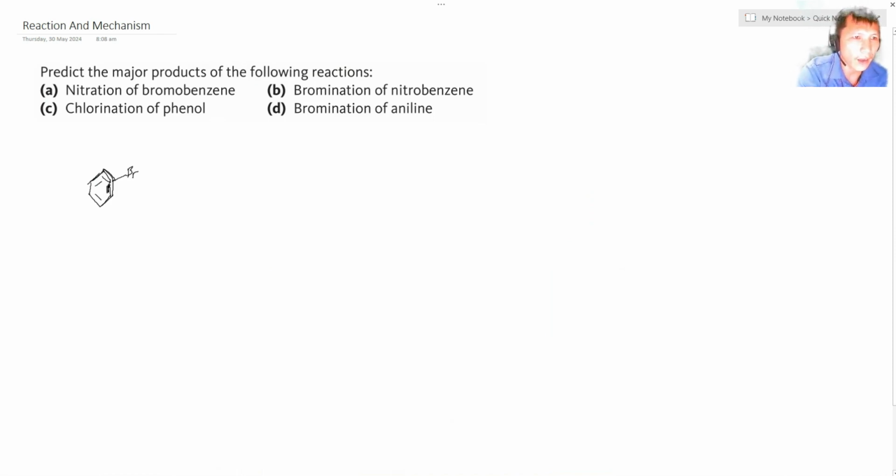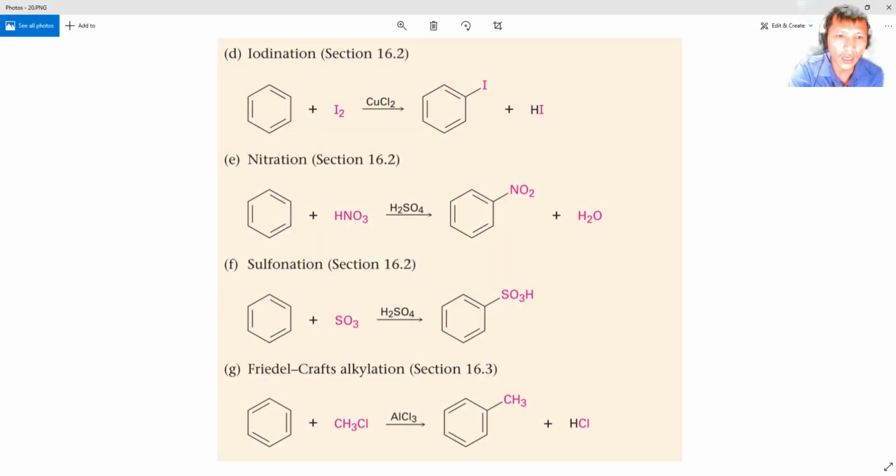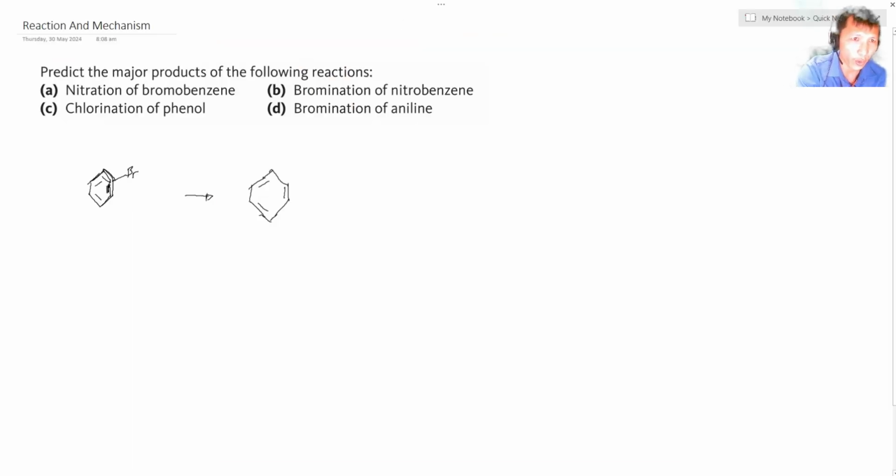So let's first draw. That bromine would not be changed from that chemical reaction per cheat sheet, but the nitration would yield an NO2.